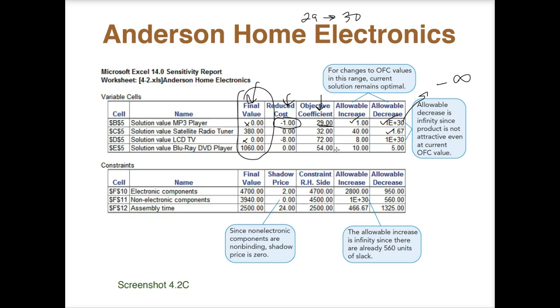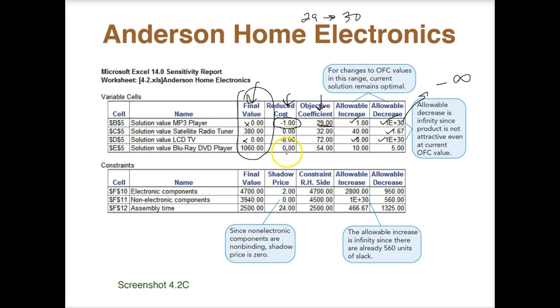Okay. Now for, again, not the satellite, but the LCD TVs here, we see that the allowable decrease, we can go as low as we want to, but the allowable increase is only $8.